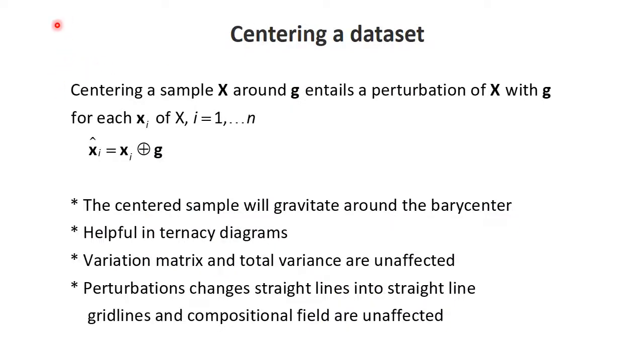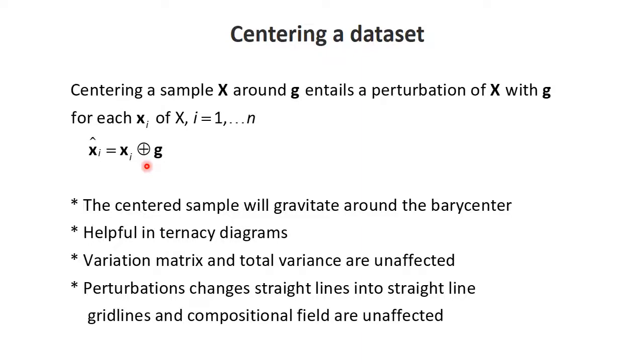Just like we do in statistical analysis, we'd like to center our data, meaning have a mean equal to 0. So what we can do is take all the parts and average them. Here we center by perturbation with the geometric mean. My centered data would be my original data perturbed with the geometric mean.